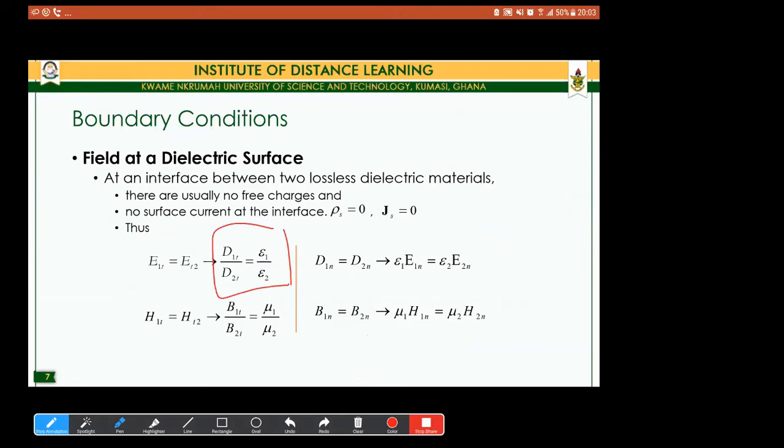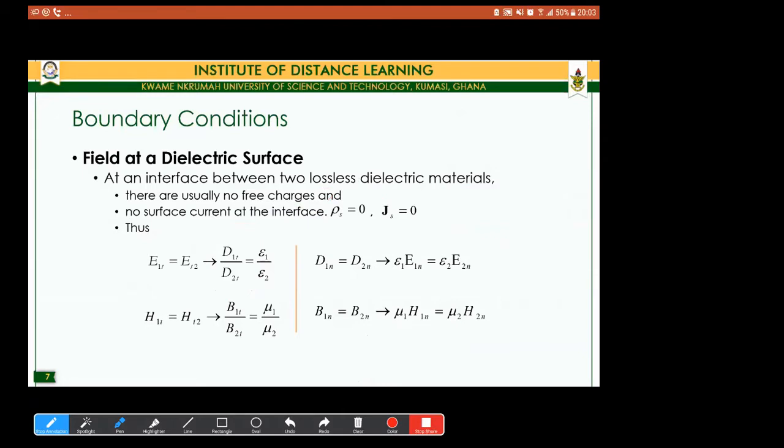So similarly, we are now dealing with a case where rho S equals 0. At an interface between two lossless dielectric materials, there are usually no free charges and no surface current density.